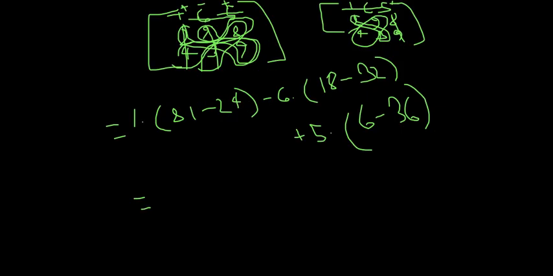All right, 81 minus 24. Let me just use my calculator because I'm just a bit too lazy. Okay, 81 minus 24, that's 57. And then minus 6, 18 minus 32 multiplied by 6 is minus 84.